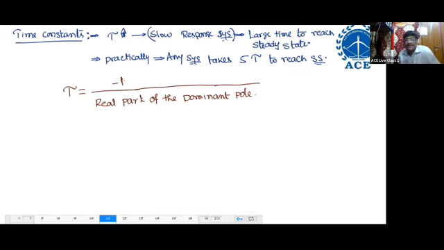So this is the time constant. What is the dominant pole? The pole which is close to the imaginary axis.